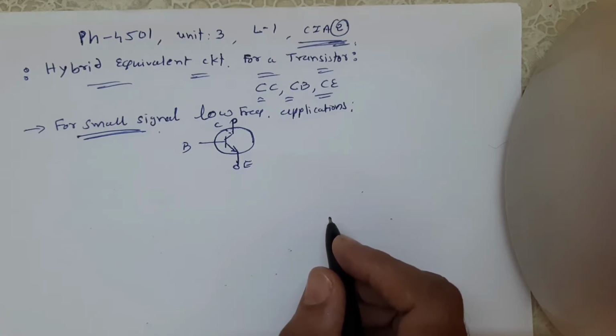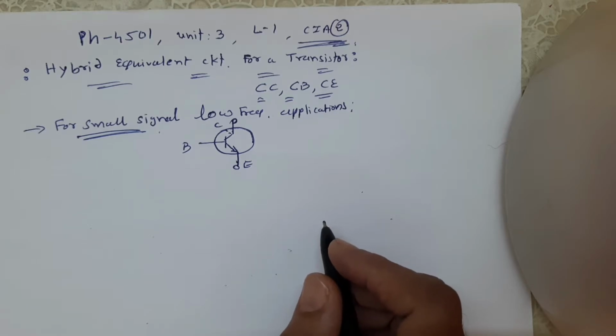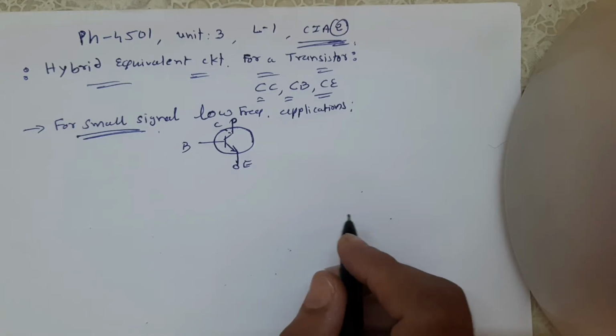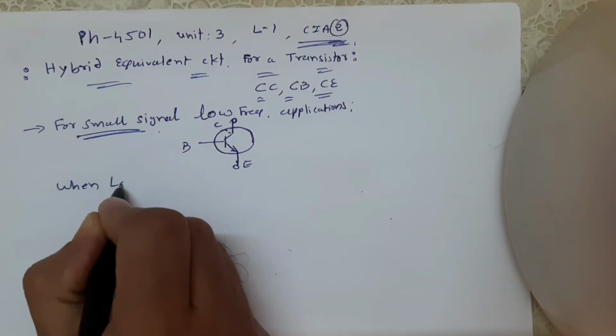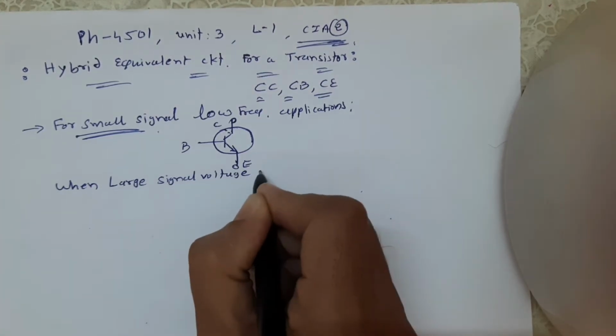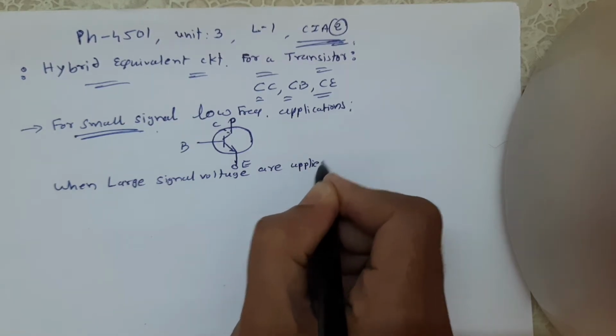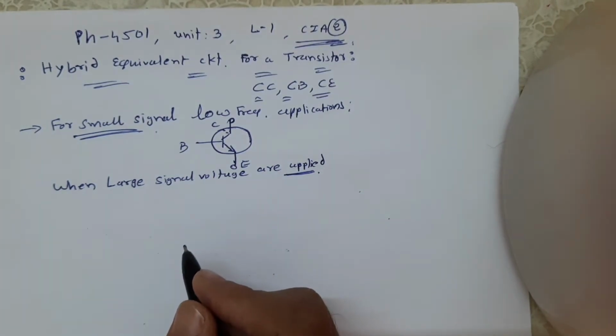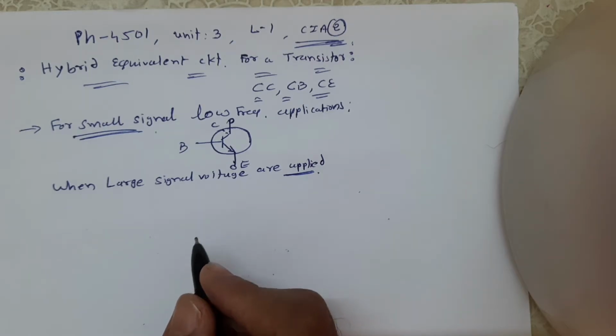The graphical method is used for locating the operating point of an amplifier, or it is used for analyzing the performance of an amplifier when large signal voltages are applied.